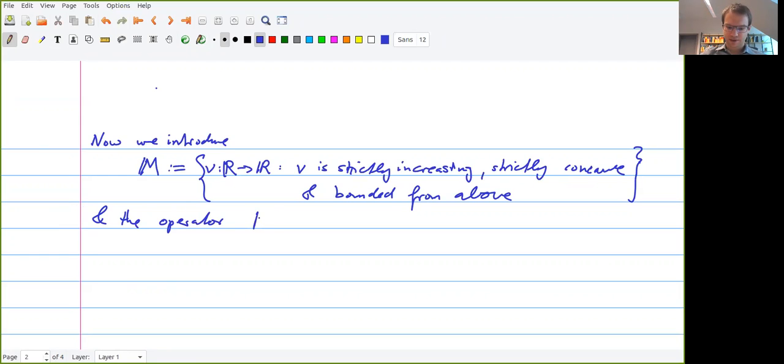The first one is T, which takes such a utility function which is bounded from above as an input, and then spits out a utility function which is bounded from above.